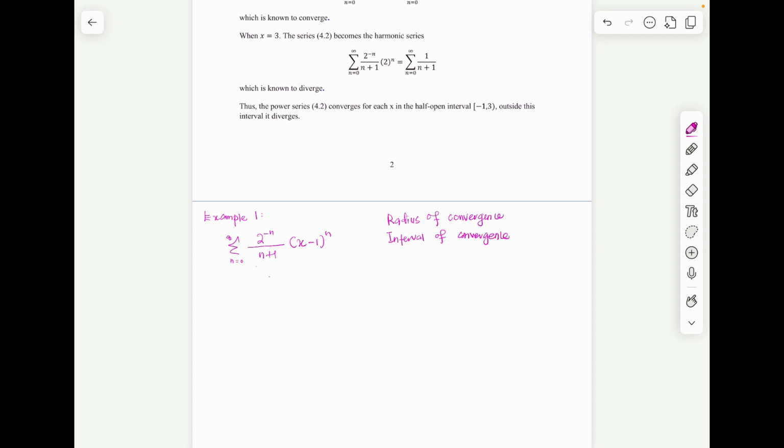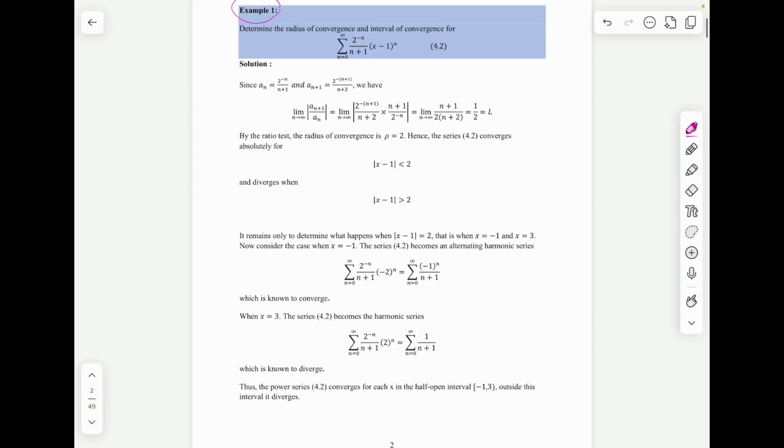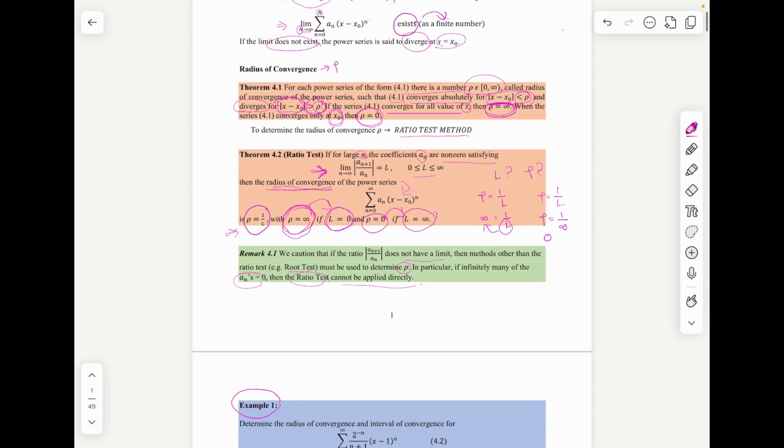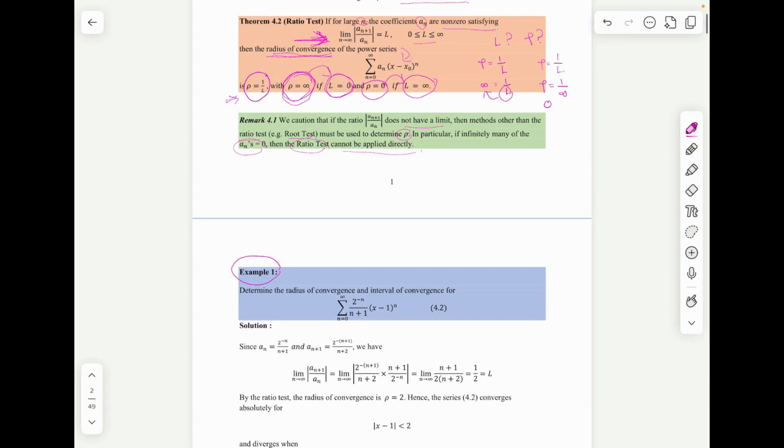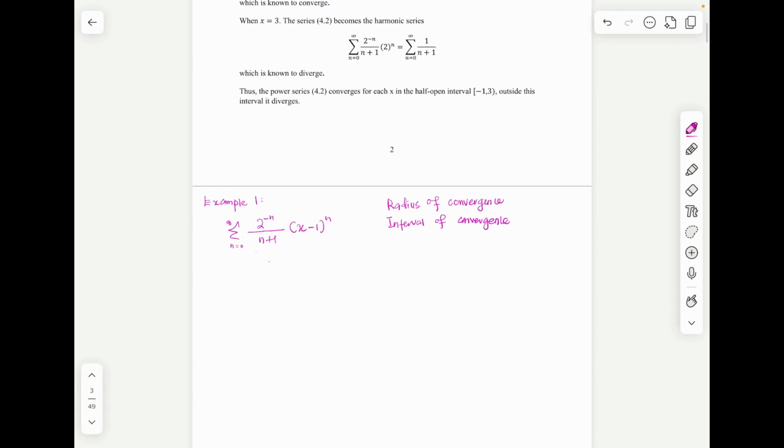First we check if the series converges or not. We use the ratio test. So the limit as n goes to infinity of a_(n+1)... Which one is the a_n actually?